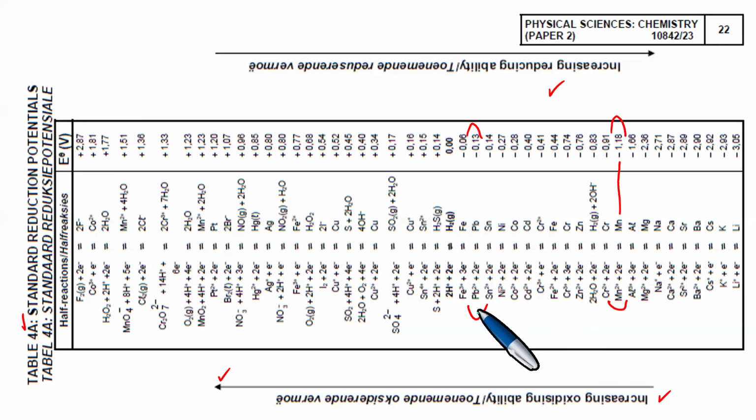Right. So as you go to the top, what you are able to find, for example, is that you have lead, and lead itself is experiencing what you call the increasing oxidizing ability. Because of this, we say that lead itself is being reduced.